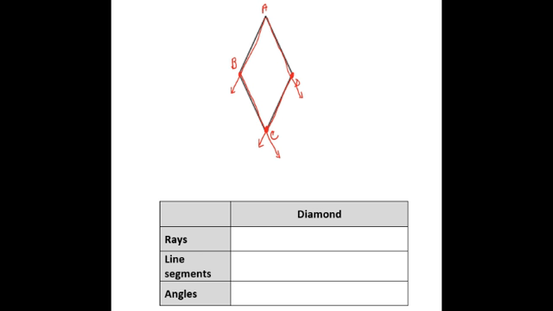In our last step, we're going to use our diagram to name some of the shapes in the diamond. We actually have to name 2 rays, 2 line segments, and 2 angles.